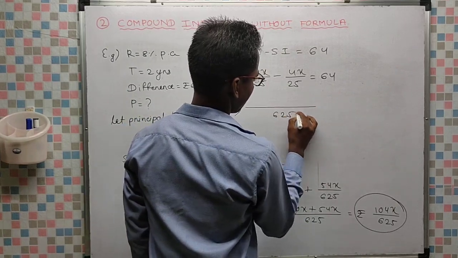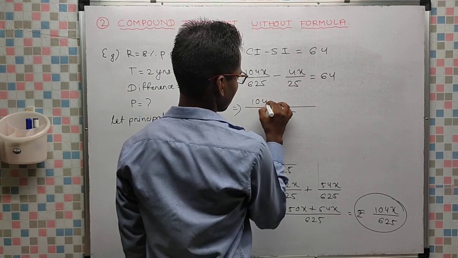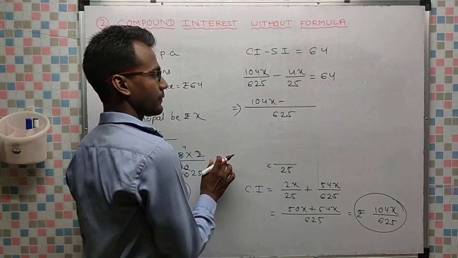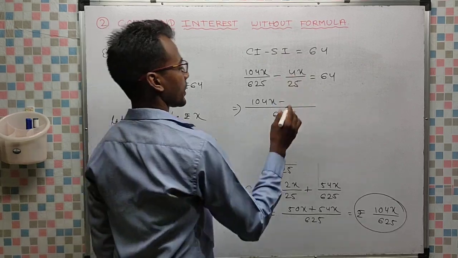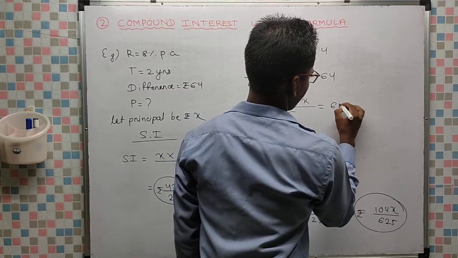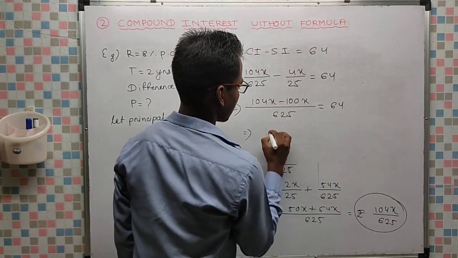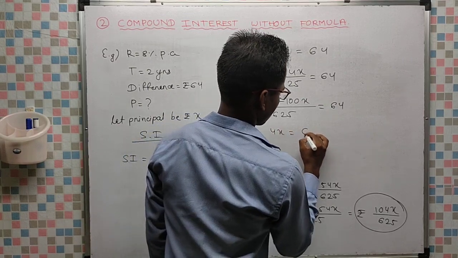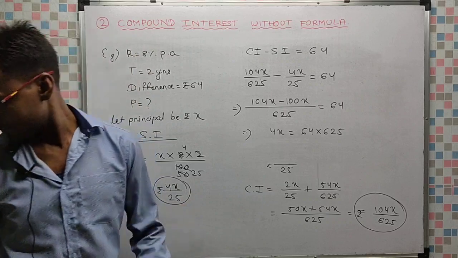LCM is 625, so 104x minus 25 into 4, which is 100x, is equal to 64 into 625. So 104x minus 100x is 4x, equal to 64 into 625.